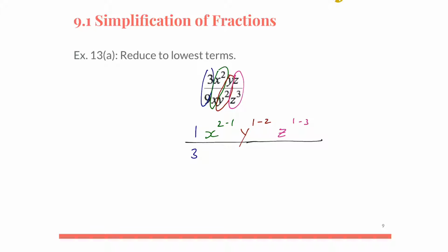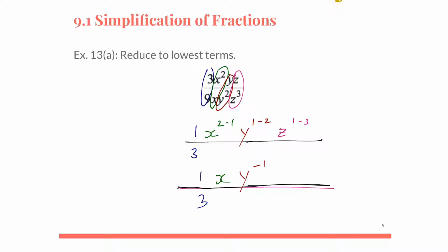But if you work out what we get here, you'll get negative exponents: 1 over 3, x, y to the negative 1, and z to the negative 2.